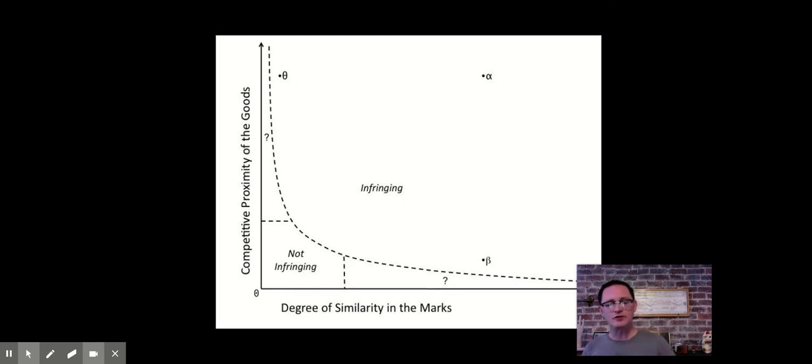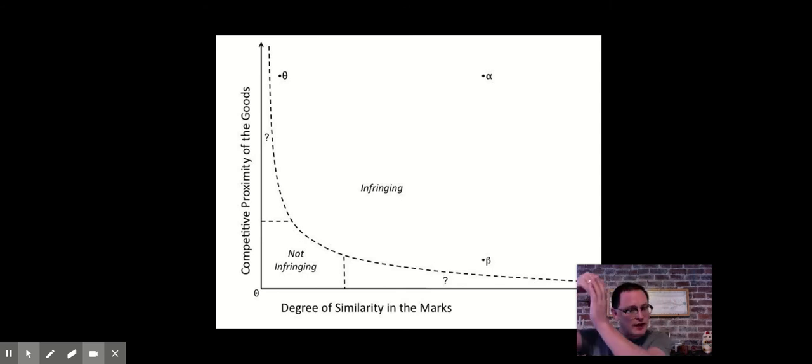Okay, so broadly speaking, how do we think about the infringement analysis? Generally, we can look at it on a continuum, right? So essentially, we look to both the proximity of the goods and the degree of the similarity in the marks.